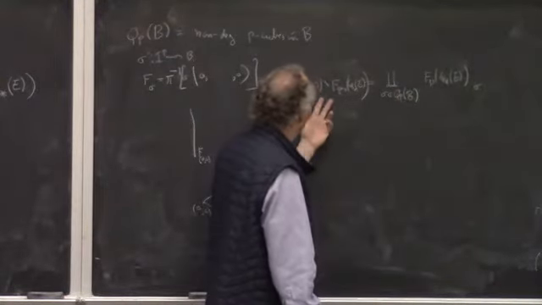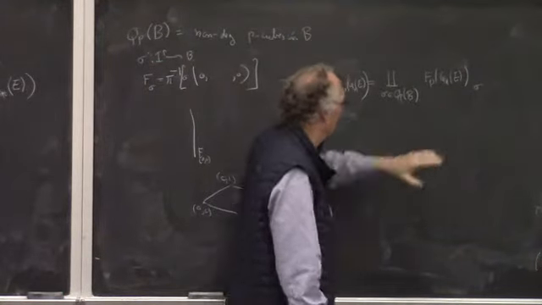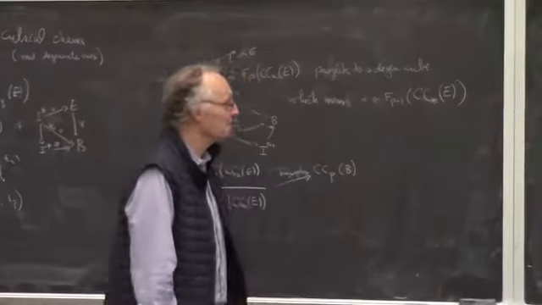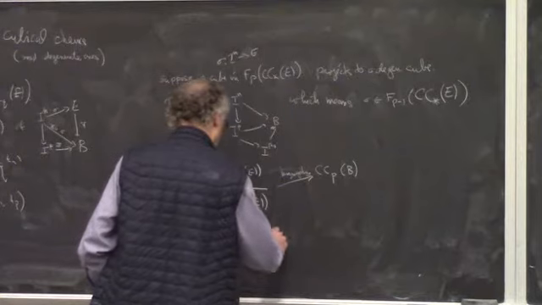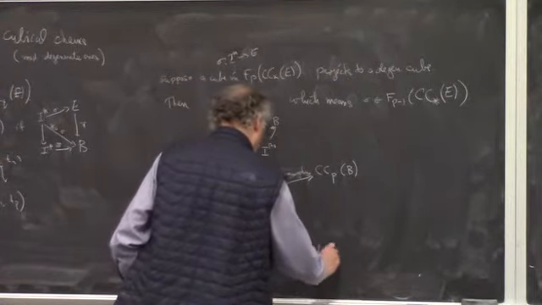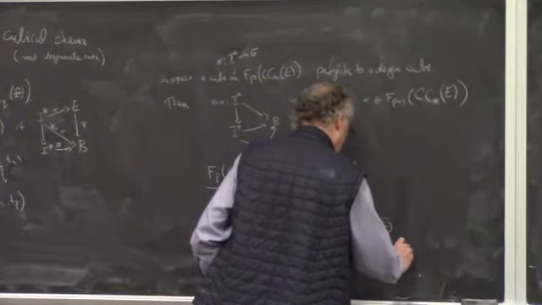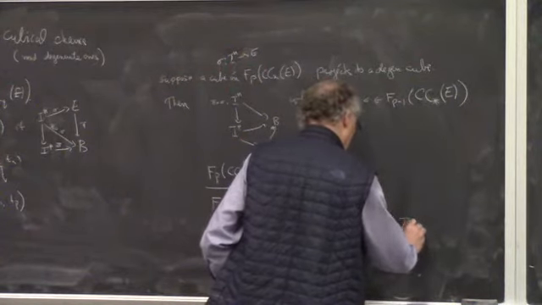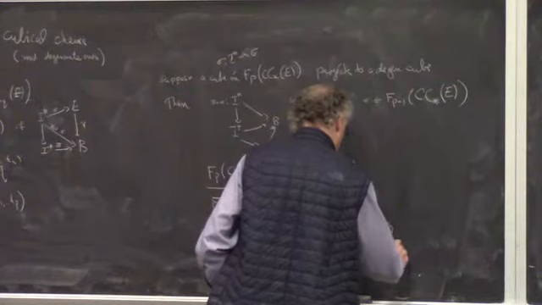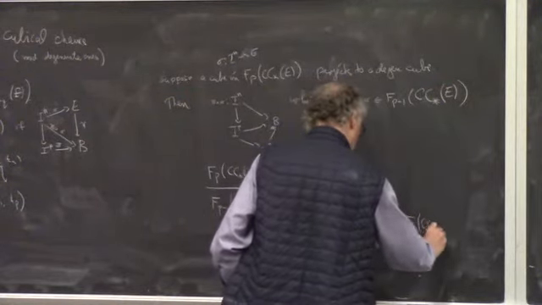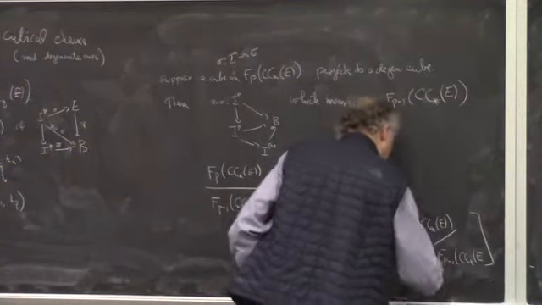But the ones that are not in filtration level P minus 1 but are in filtration level P give me a P simplex, so I can partition this set out over the non-degenerate P simplices in B. And then taking linear spans, that writes F_P of C_* E modulo F_{P-1} of C_* E as the direct sum over the sigma in Q_P of B of this quotient. Those that map to sigma.